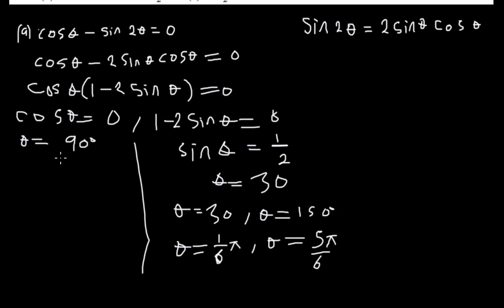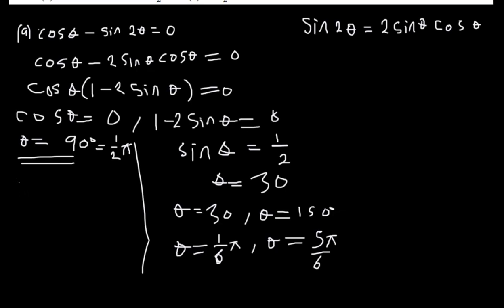So your first is in the first quadrant. In the first quadrant, you're going to have your theta to be 90, and then converted into radians, you are going to have it as 1 over 2 pi.